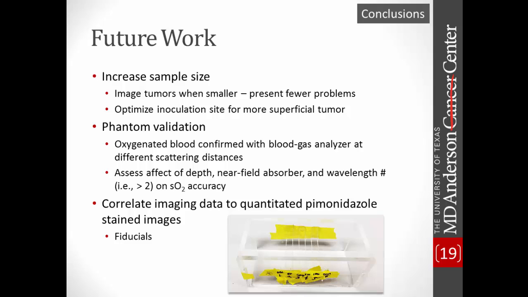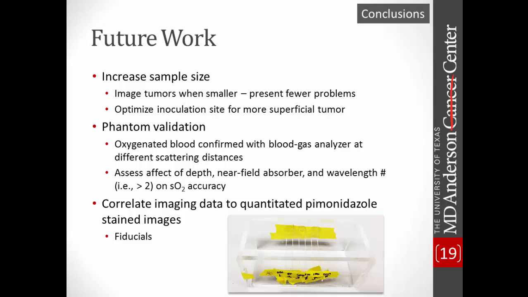So future work, obviously: increase the sample size. We're starting to image the tumors when they're smaller, so hopefully they can survive the treatment. We're also optimizing the inoculation site so that it can grow more proximal to the transducer and not deep into the liver. And most importantly, we're pursuing phantom validation at depth, which we probably should have done initially.